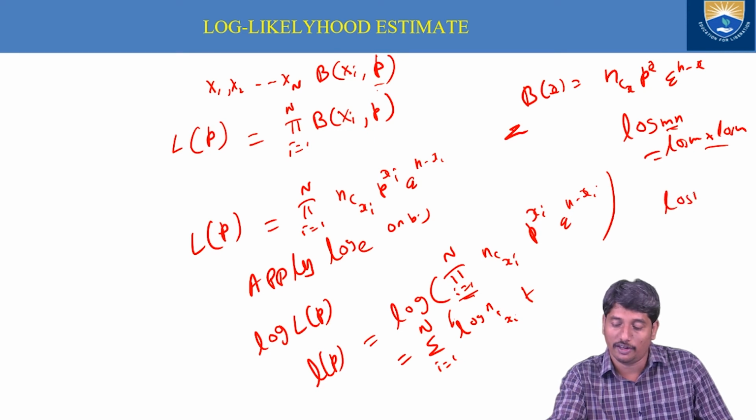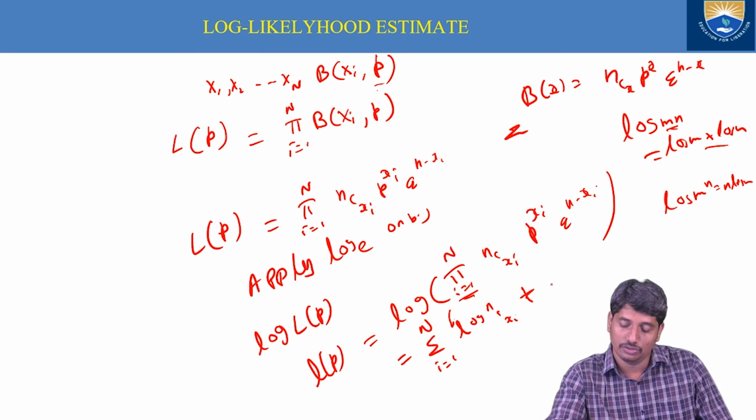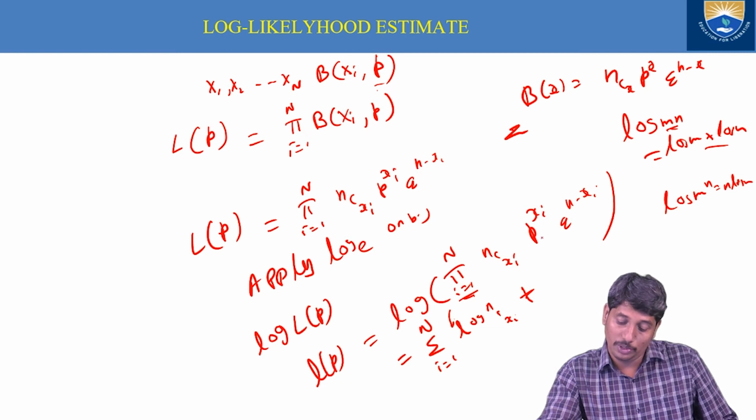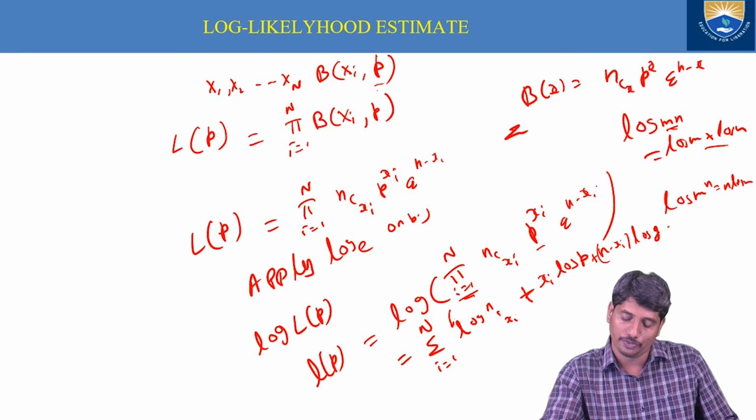Log m power n is equal to n log m. So log p power xi is equal to xi log p, and log q power n minus xi is (n minus xi) log q.